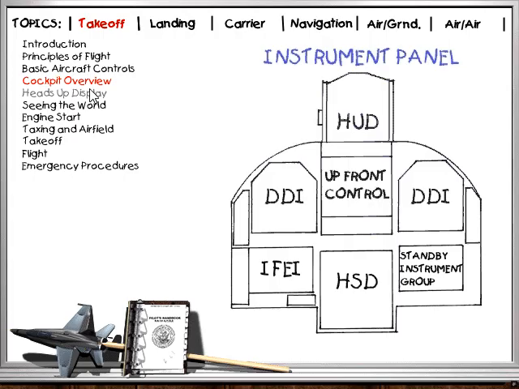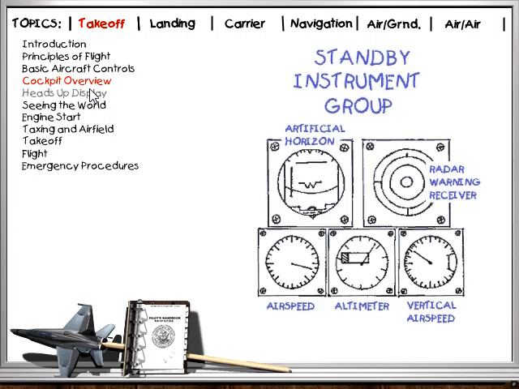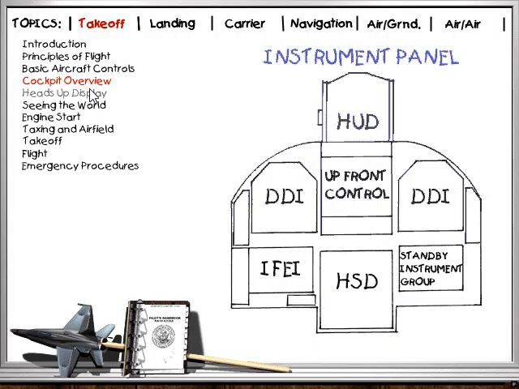Backup instruments located in the standby instrument group include the artificial horizon, radar warning receiver azimuth display, airspeed, altimeter, and the vertical airspeed. Located on the top of the instrument panel is the heads-up display, or HUD. To hide the instrument panel at any time, press Ctrl-I.